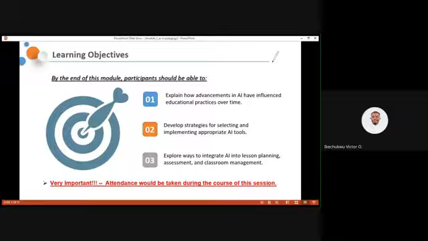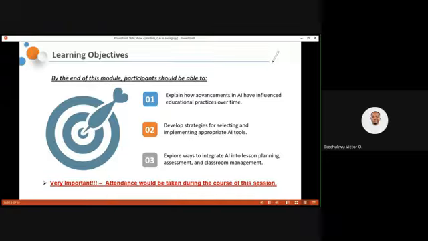In fact, we're going to take a look at some tools that would help us with lesson planning, assessment, and classroom management, which are key areas in the whole pedagogical setup.